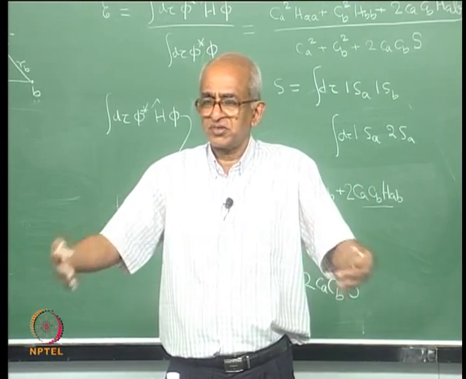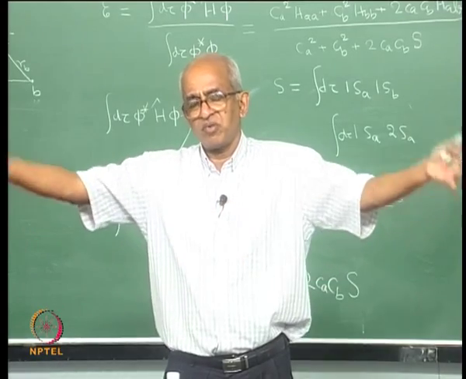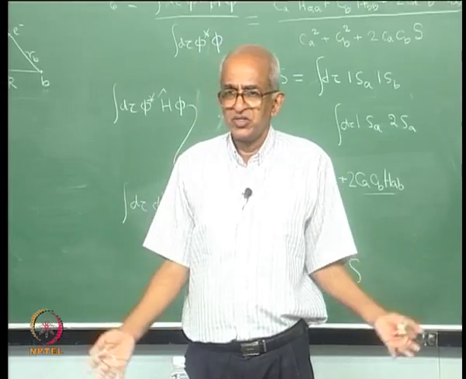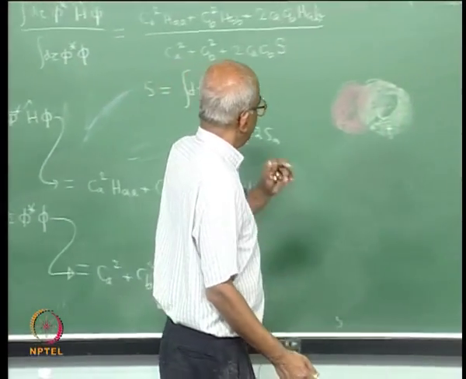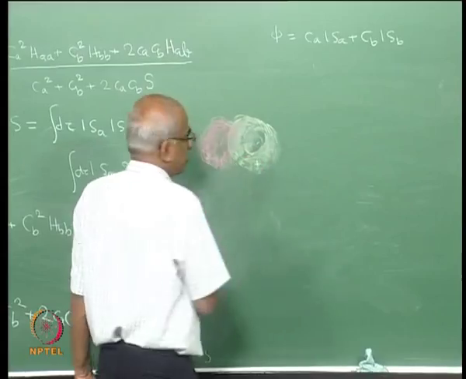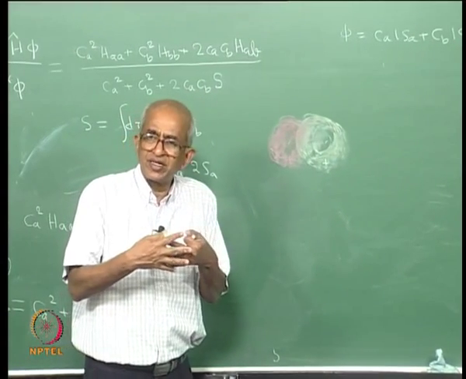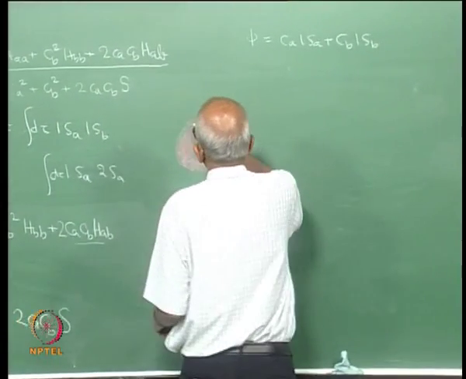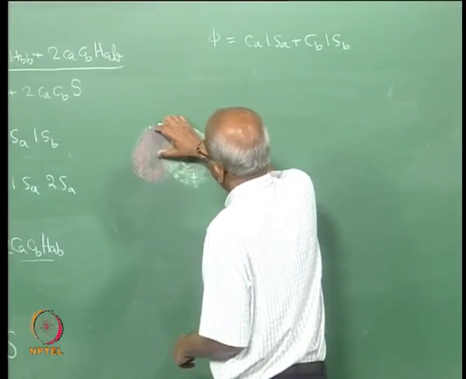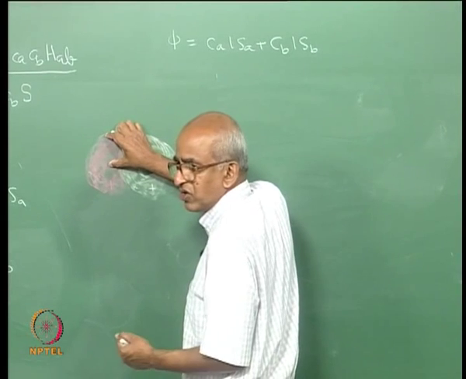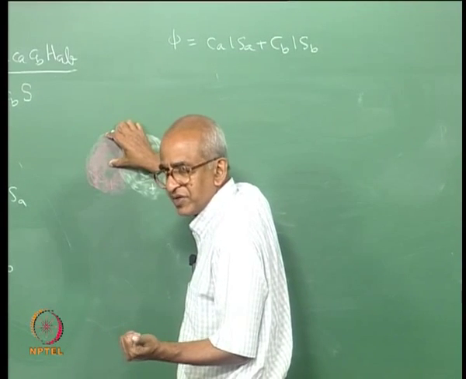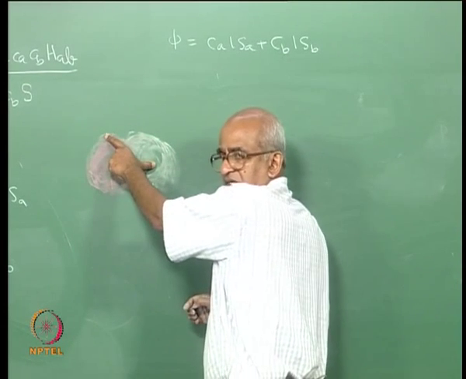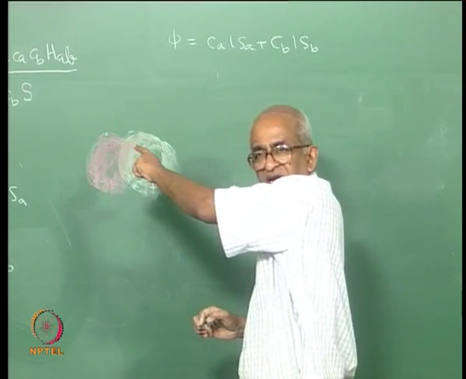Integration is just a process of summation. So, you sum over all points in space, what is the result? The result can only be positive, it cannot be 0. Okay. And further, when you multiply the two functions, where is it that the product has the largest value? Well, if you are thinking of a point somewhere here, the distance from nucleus A is not large, and therefore, 1sa will have a fairly appreciable value, but the distance from the other nucleus is large, and therefore, 1sb will have a small value.